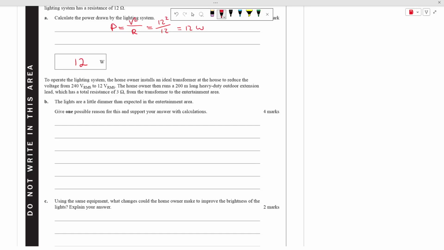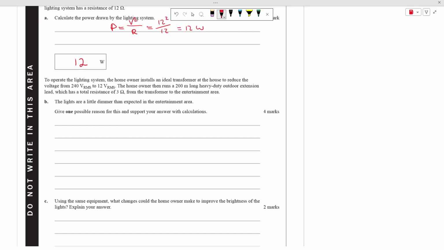I think I might do, sorry for the dead air here. I think I might just do, which one do I want to do? I'll just do voltage. Doesn't really matter.